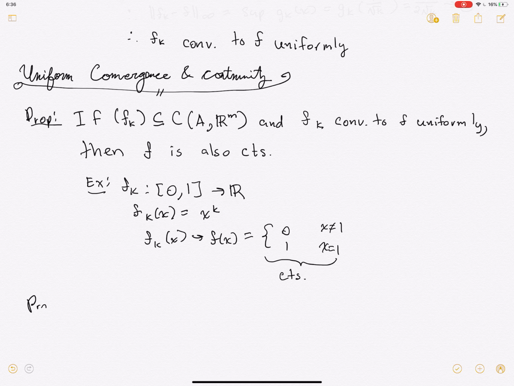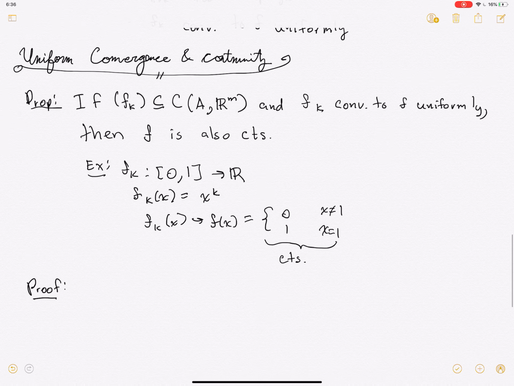All right, with that little example, let's now prove it.